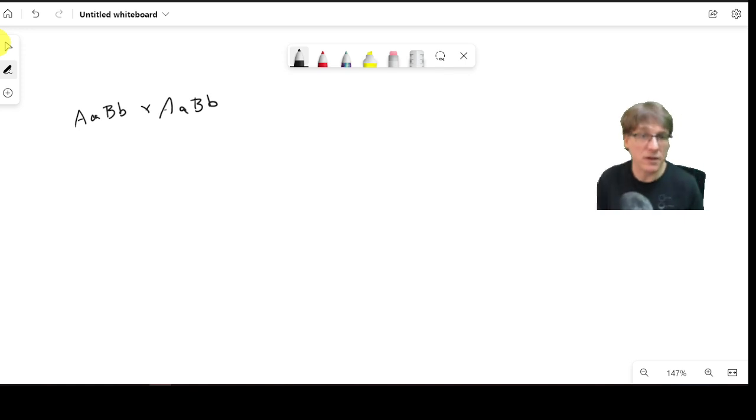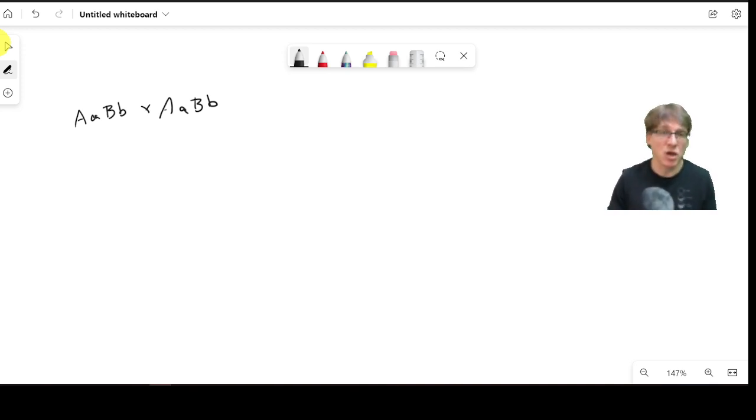Now, we're not told that they're linked, so since we're not told any information, we'll assume that they're unlinked. If they're unlinked, then they're sorting independently, and we can determine probabilities completely independently of each other. So first we can work out a quick little Punnett square.